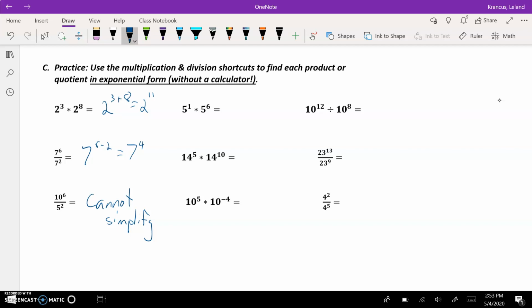Now, one thing to be careful of is when you have a problem like this, however, be careful with your negative numbers. When you are subtracting your exponent, you're still following those negative number rules. So this one, you're doing 10 to the power of 5 plus negative 4. 5 plus negative 4 is 1, so 10 to the power of 1.